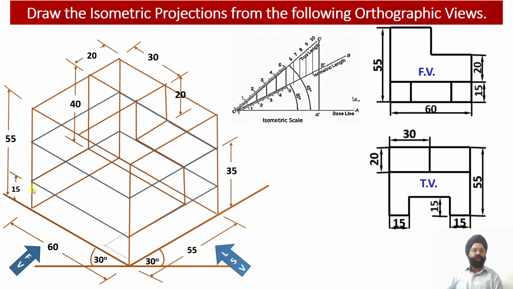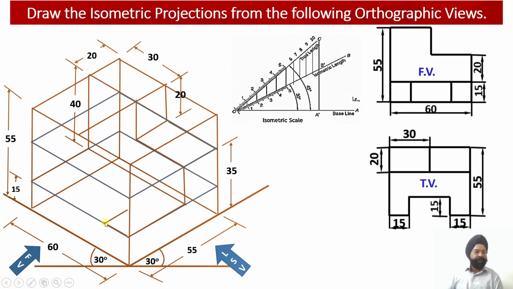What I am going to do is have this distance along the length. This distance along the length, I know happens to be 15 millimeter. So this distance I have marked as 15 millimeter, which is the length, and this is the width of the slot. So the width of the slot is equal to 15 millimeter.